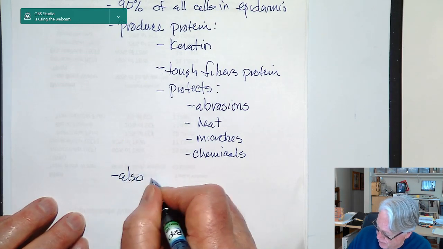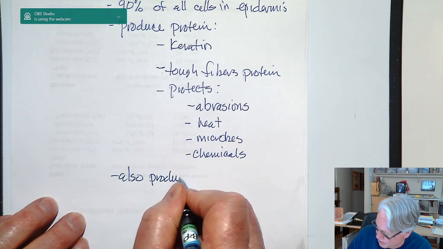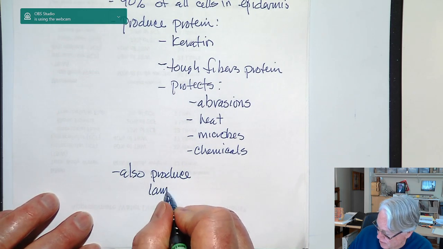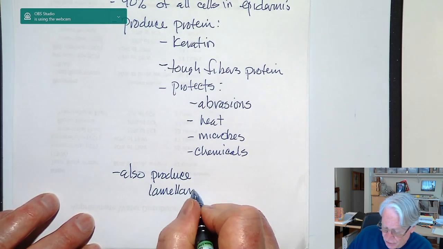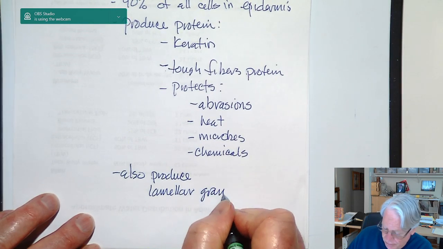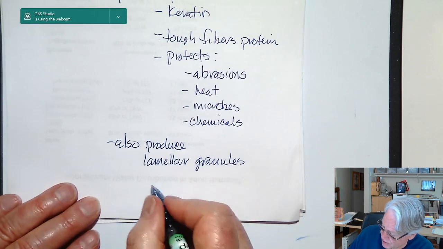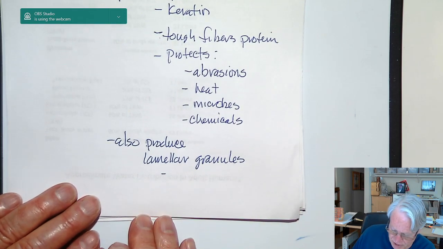Also, they produce another substance, and this is the lamellar granules. And this is a lipid.